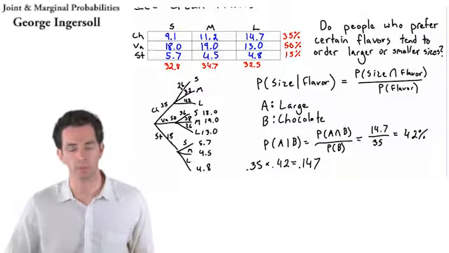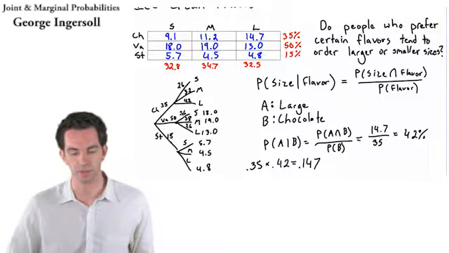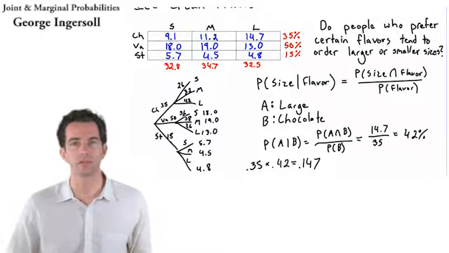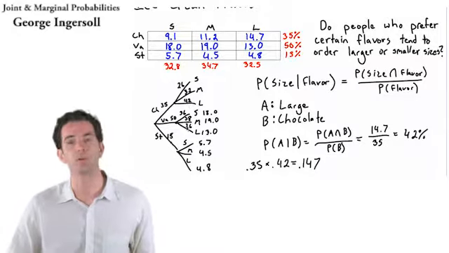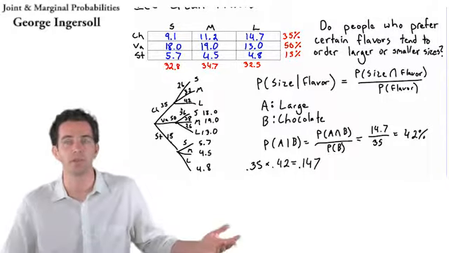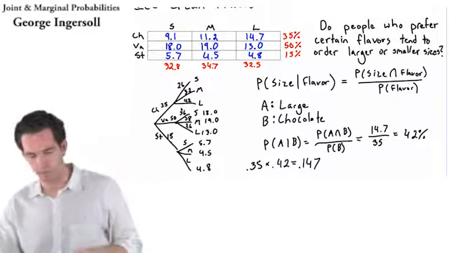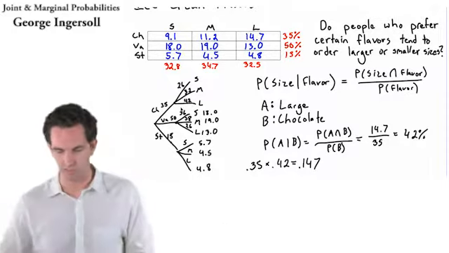But among the people who order vanilla, 26% of them are going to order larges, and 36% of them are going to order smalls. So, yeah, people who order chocolate tend to order larger sizes. They tend to go larger more frequently than people who order vanilla, and smaller less frequently than people who order vanilla. So, yeah, they tend to make a bigger order. Now, I made all of this up, of course, so take it with a gigantic grain of salt.